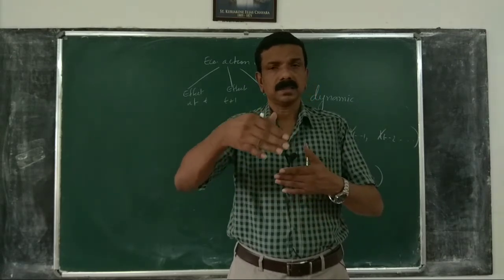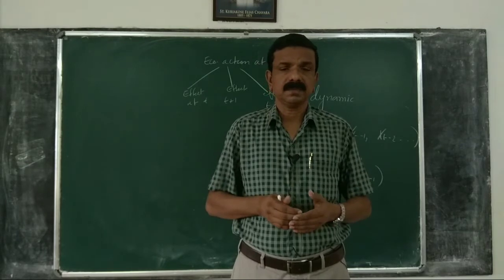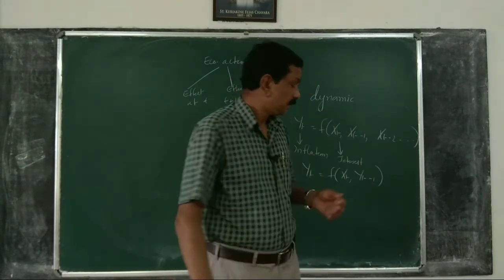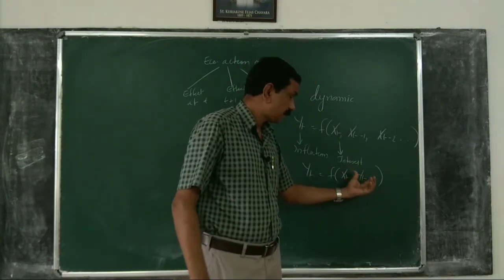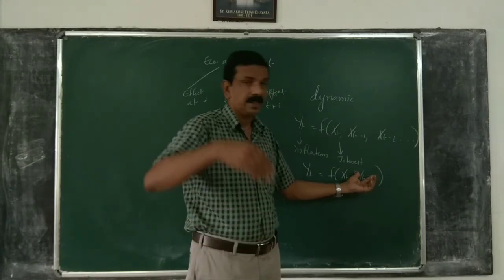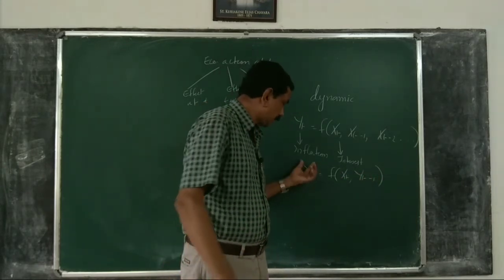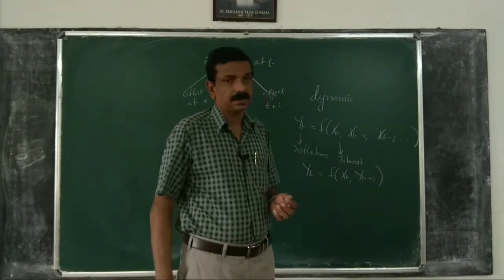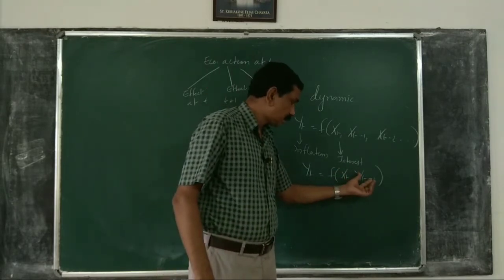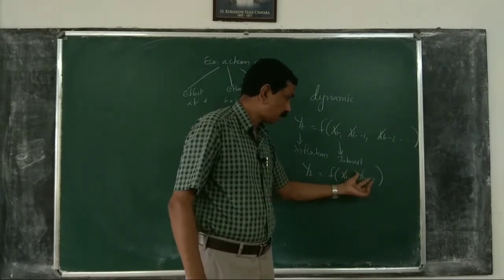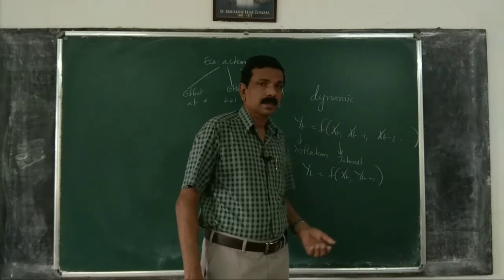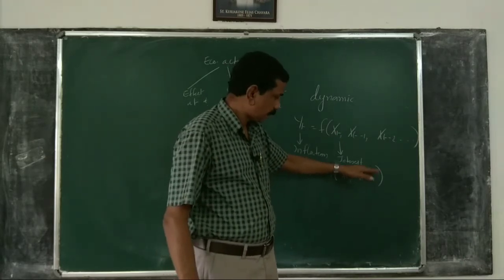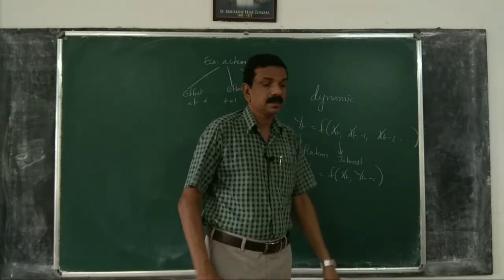So, as there is a positive relationship between inflation rates, if inflation rate in the last period is very high, it will be high in the present period also. So, these types of models are also dynamic models, and such models are known as autoregressive models.